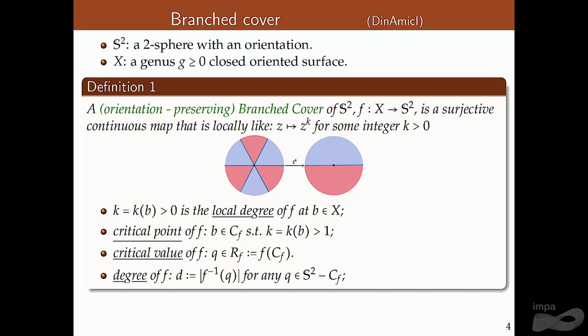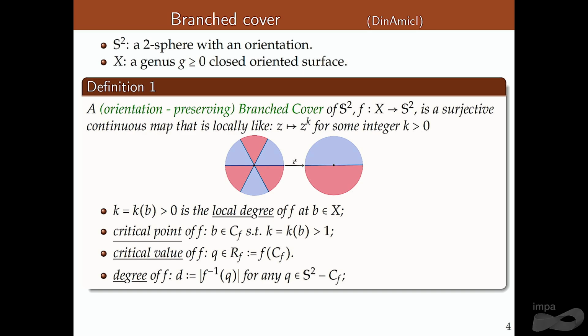So anyway, the main object is a branched covering. What is a branched covering? It is a surjective map. For us the codomain will always be the sphere, from a genus d surface to a sphere, and the surface will be considered with a prefixed orientation. Locally, the map is like the picture: it sends z to some power.